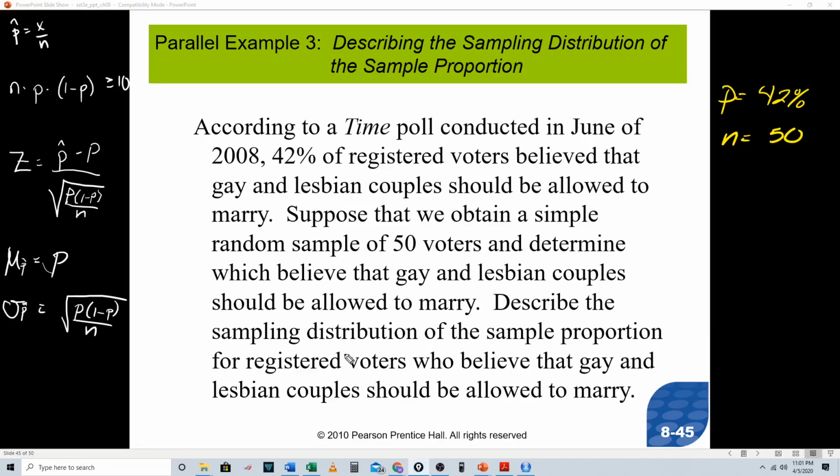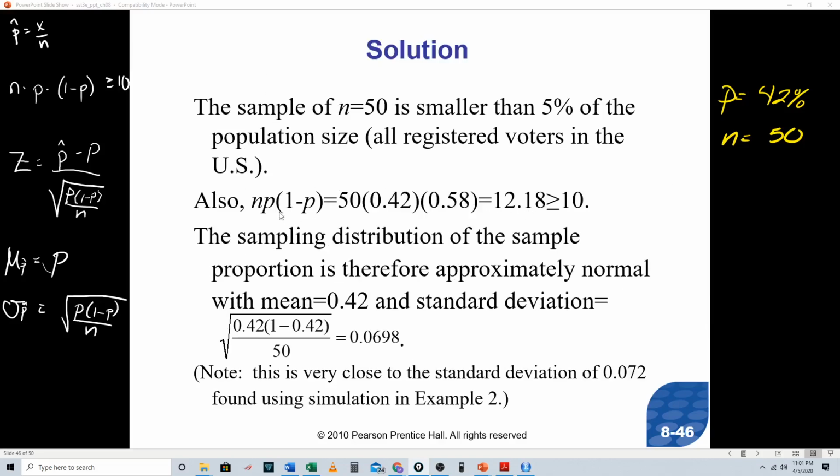Describe the sampling distribution. Again, p is 42%, n is 50, and n times p times 1 minus p is greater than 10, so we're good. The sampling distribution of the sample proportion, therefore, is approximately normal with a mean of 0.42. So plug in, and there's your sigma value.